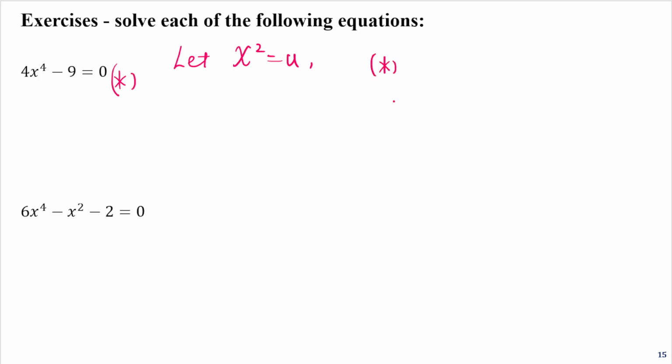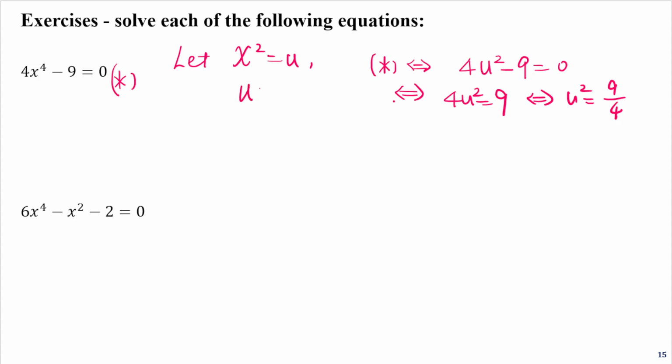So in that case, the original expression is equivalent to 4u squared minus 9 equals 0, which is equivalent to 4u squared equals 9, and u squared equals 9 over 4, right? So note that u equals x squared.